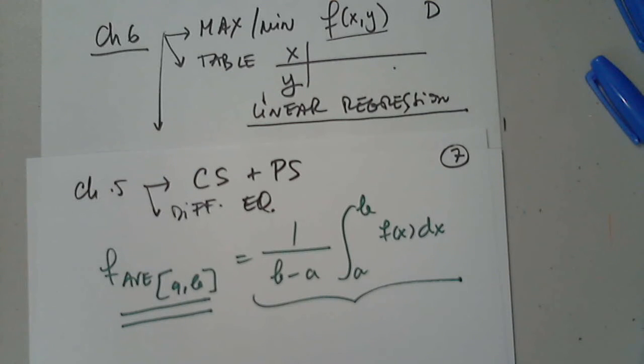Do not go back to the original variable. Please do not do that. One more time, I saw it in some of the homeworks. This is a definite integral. If you're using a substitution, you don't go back. If you're not using a substitution, then you're fine.